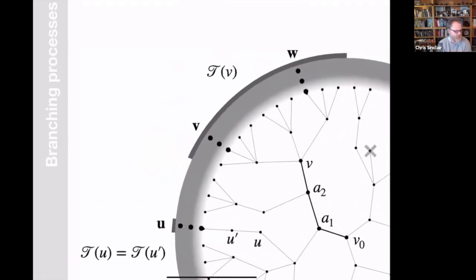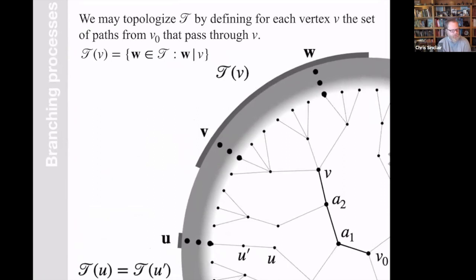We can topologize the profinite completion by saying we're going to define an open set to be all of the paths which pass through a particular vertex. We might call that a neighborhood. So if I look at the neighborhood V, all of the paths that pass through V, that's going to be the neighborhood.